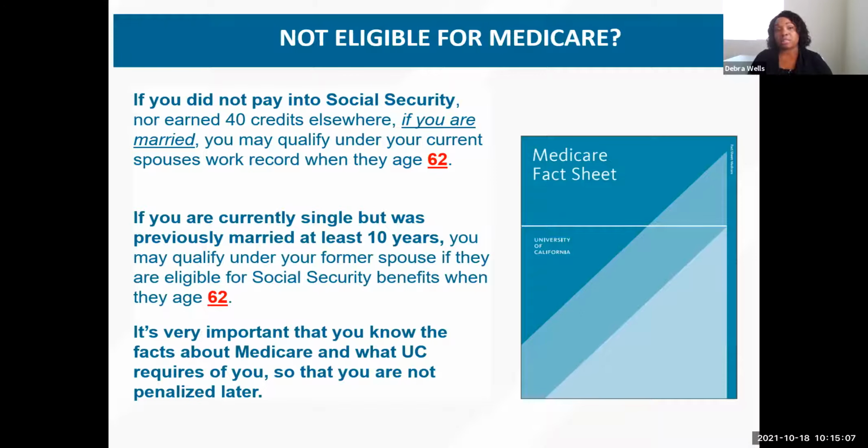But your current spouse has to be at least age 62. Now, if you're currently single, but you were previously married at least 10 years, and yet that former spouse is at least age 62, you could qualify under a former spouse.